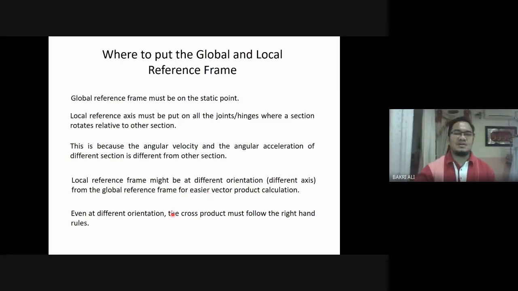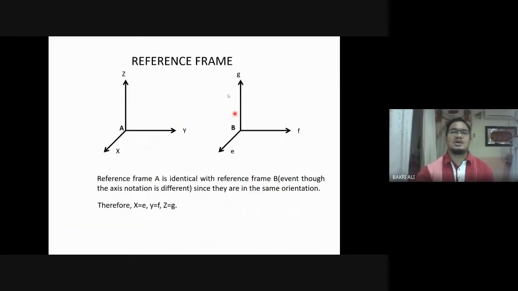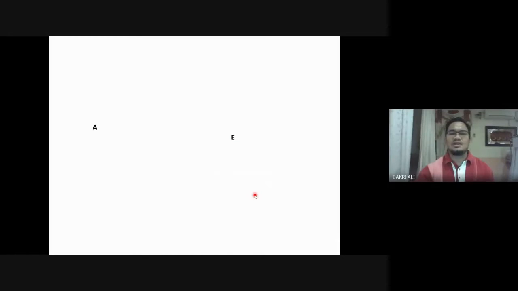Even at a different orientation, the cross product must follow the right hand rule, so the right hand rule is very important. When talking about the reference frame, be it global or local, you should be aware of the orientation.